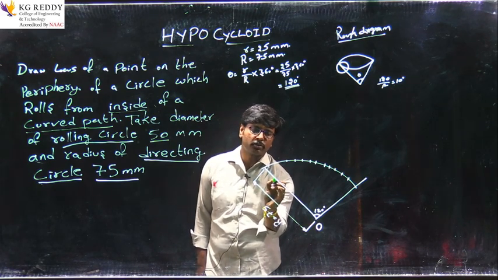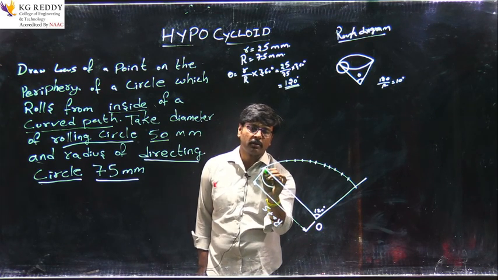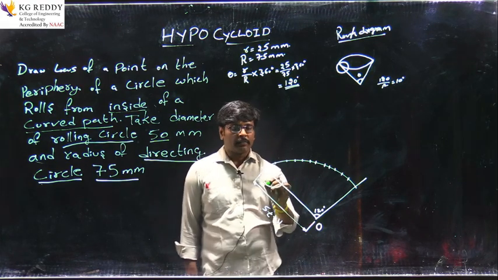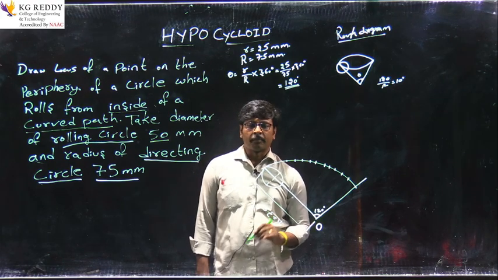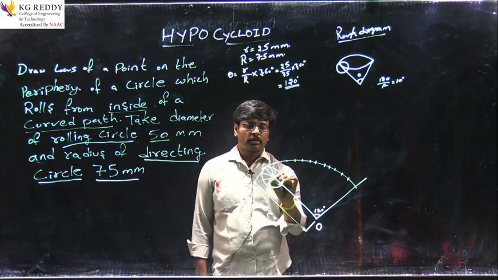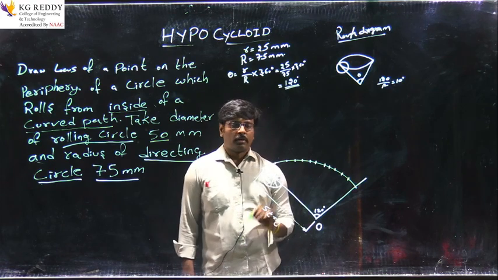From here to here it is 2.5, and here I am placing the center, and we will get a circle. And after that, on the same axis, I am trying to divide this into 12 parts. Whenever we have a circular concept, try to divide it into 12 parts because it is easy.